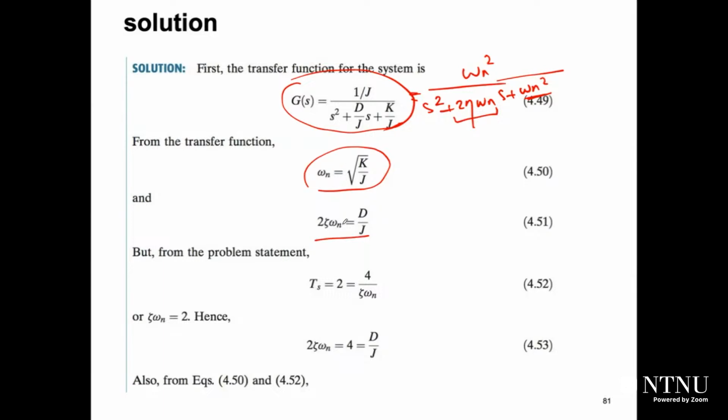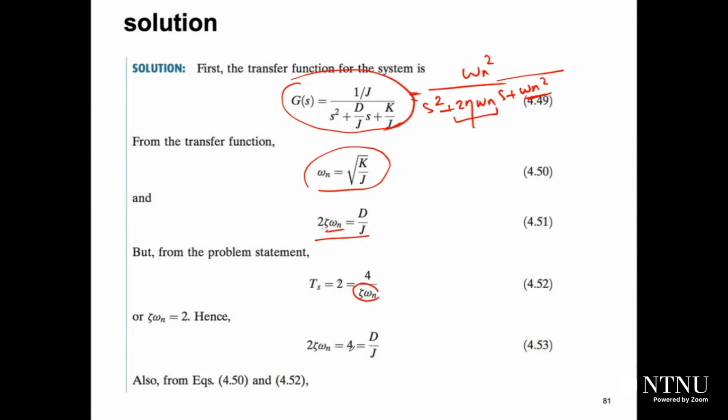Now we need to find zeta from this equation, right? But from the problem, we know that the settling time equals 2, so it will be 4 divided by zeta omega n. In this case, zeta omega n will equal 2. So 2 zeta omega n equals 2 times 2, which is 4.